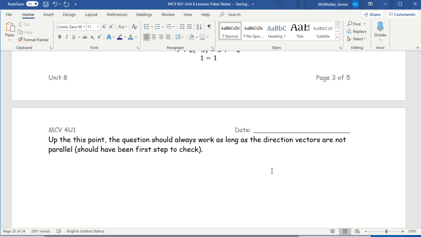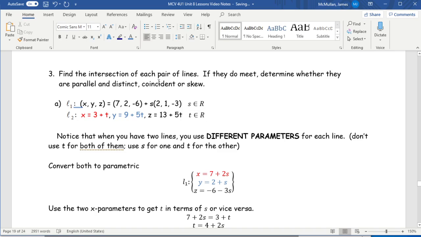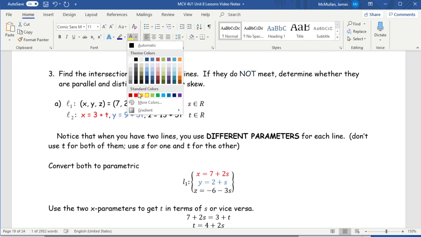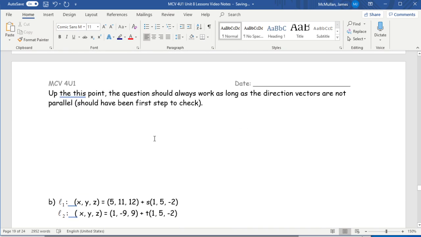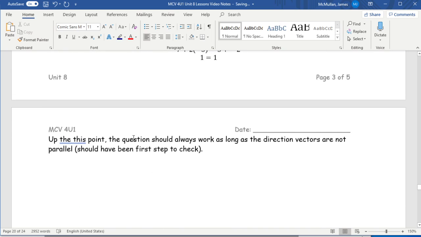I just assumed they wouldn't be parallel because it says find the intersection. Anyway, this should say if they do not meet, by the way. Anyway, I should have checked first that they're not parallel, and they're not parallel.